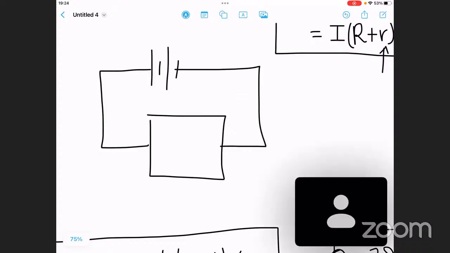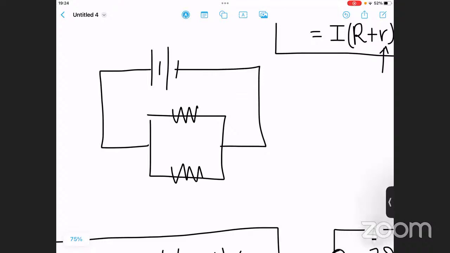You do know very well, but you just forgot, and I've given it to you in a more tricky way. But this is what happens. The current will flow from the positive side to the negative side. How do you know which side is the positive? This long line is the positive side. This short line is the negative side. So that means the current will flow like this.